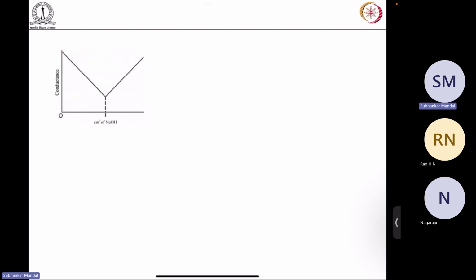Okay, so this is one of the examples. Which type of acid base titration is this? Can anyone guess? Is this a strong acid strong base titration, or a weak acid weak base titration, or which kind of titration curve?